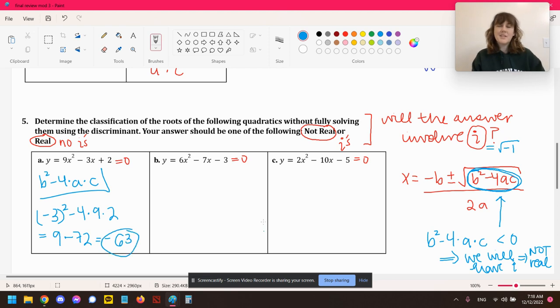Which means here the discriminant is negative 63. So if I did the quadratic equation and simplified a bunch of stuff, I would eventually have the square root of negative 63, which means I'm definitely getting i's. These answers are not real.